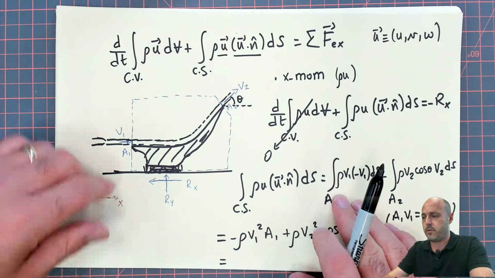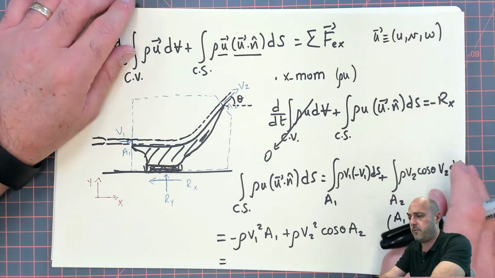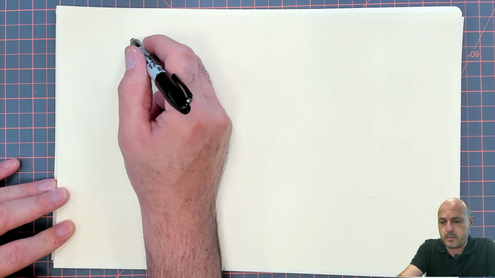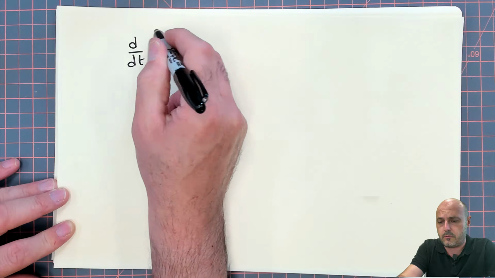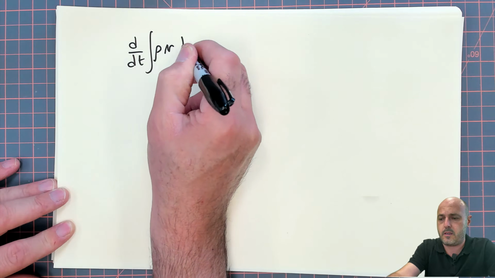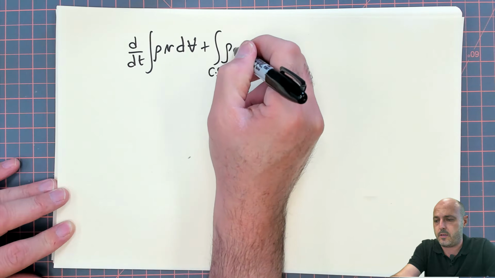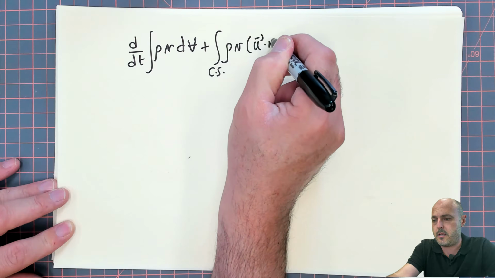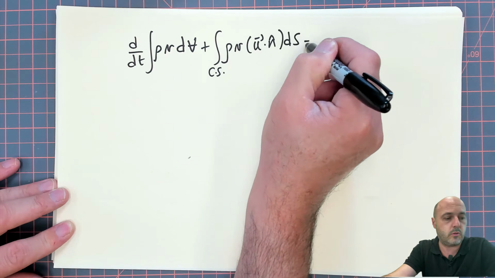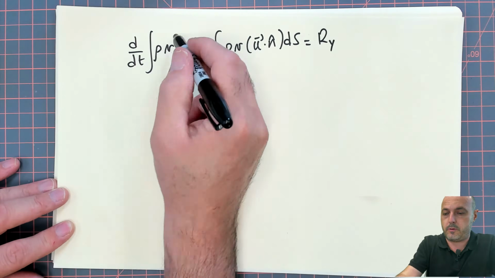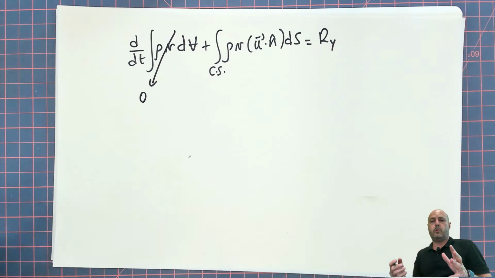For the y component of momentum, we have d by dt of the integral of rho v dV, plus the integral over the control surface of rho v, u dot n dS, equal to Ry. Now the flow is steady, so the first term goes to 0.